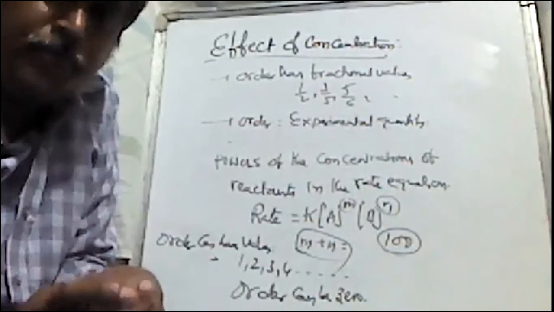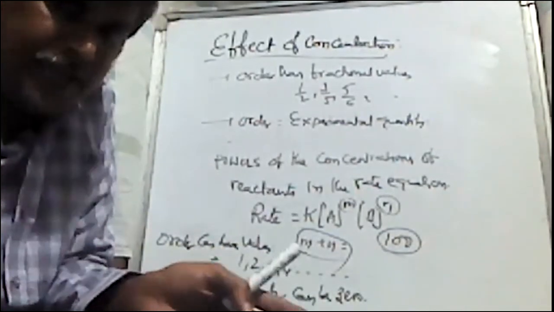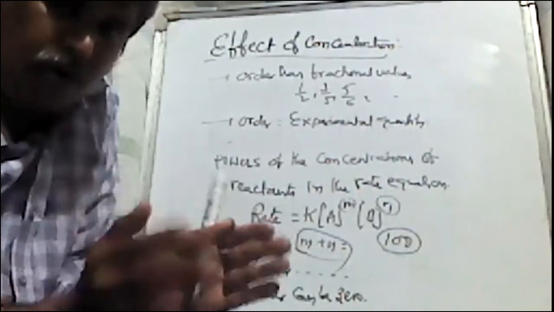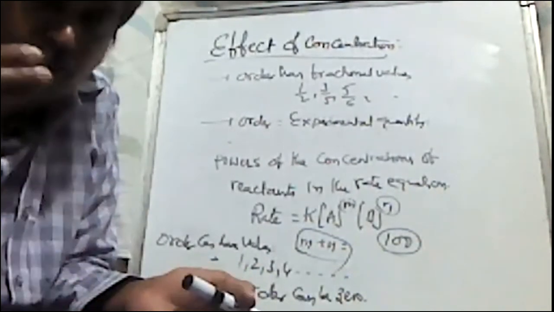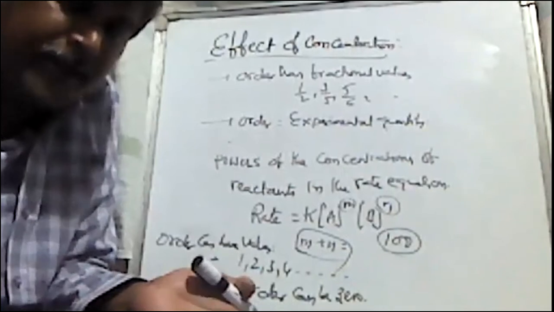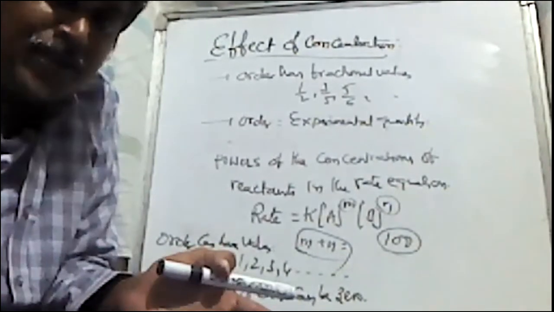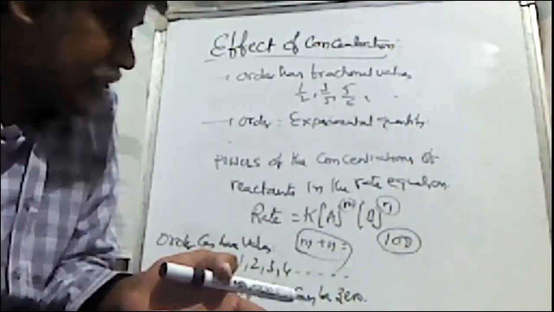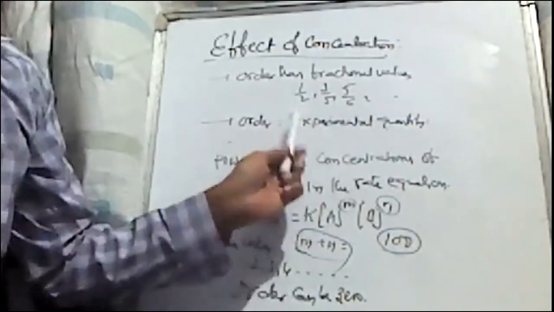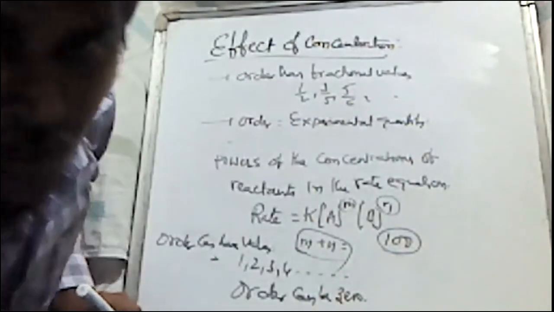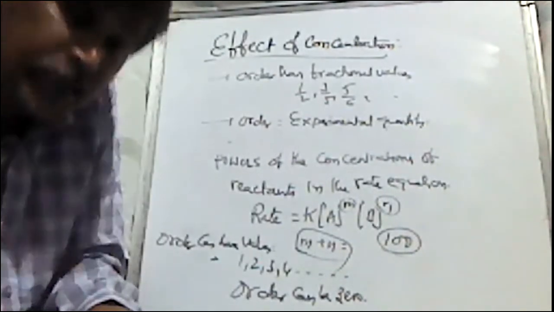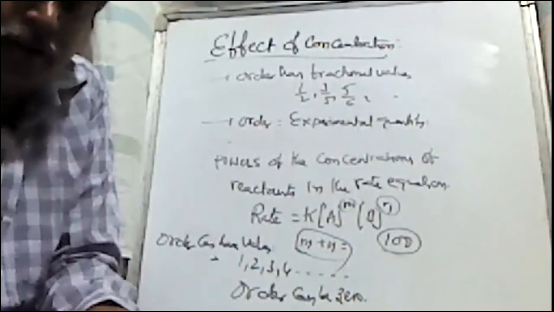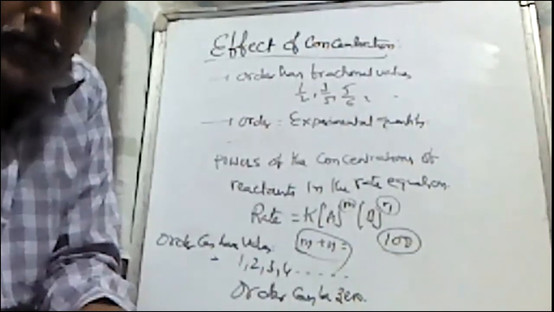Here also, n number of reactants may be there, or 1000 molecules may be there, but the stoichiometric equation coefficient may be 2, 3, 4, 5, 10. But how it is related to concentration, to know that we have to do an experiment. That's why order of reaction is an experimental quantity.